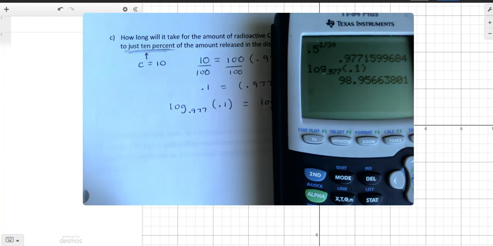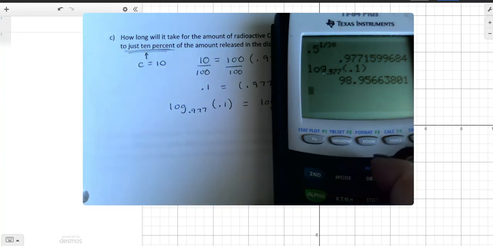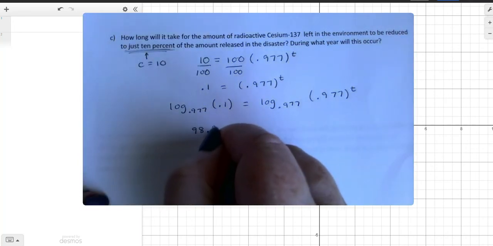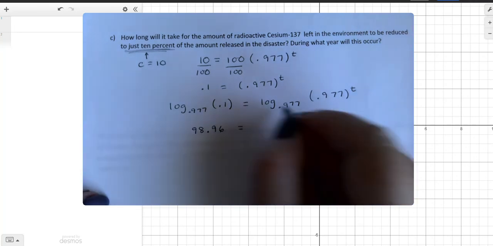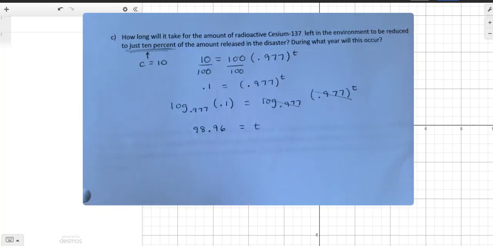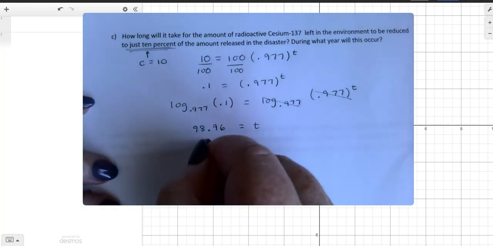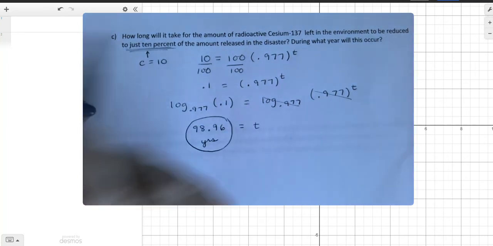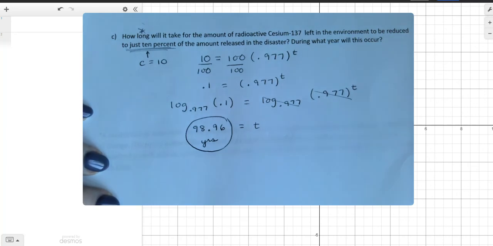That's about 98.96. On this side, I've got those inverse functions, so that's equal to t. So it's going to take 98.96 years, and that's the first part of the problem: how long will it take?